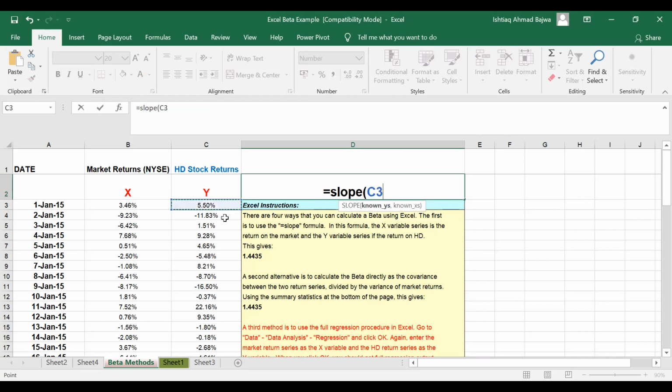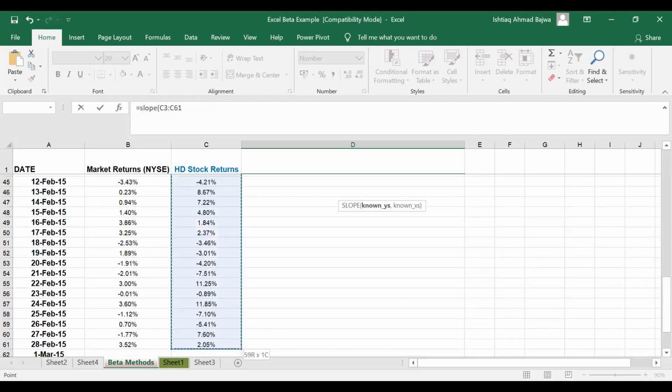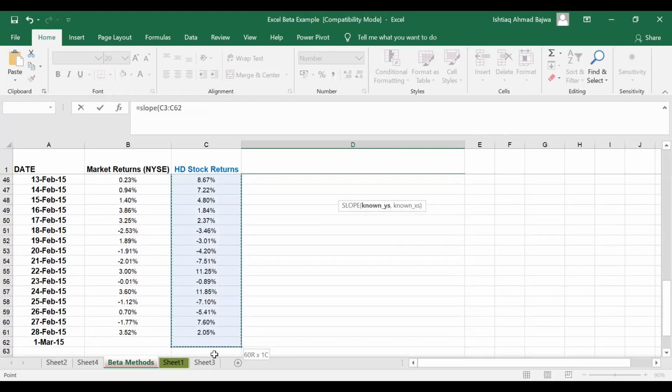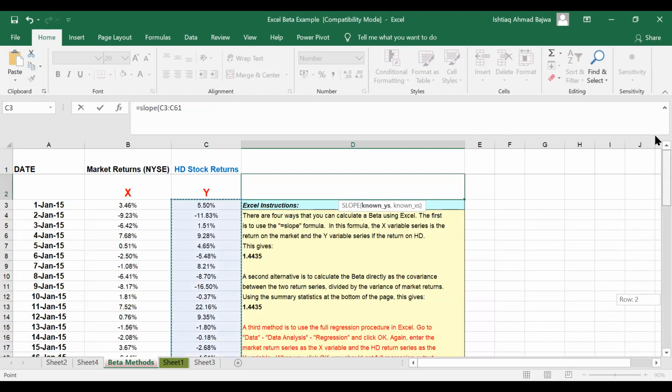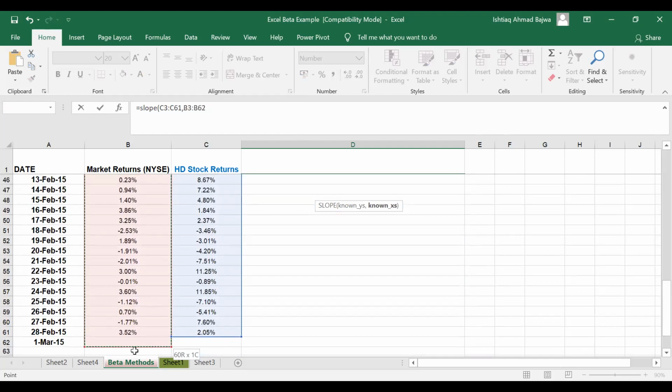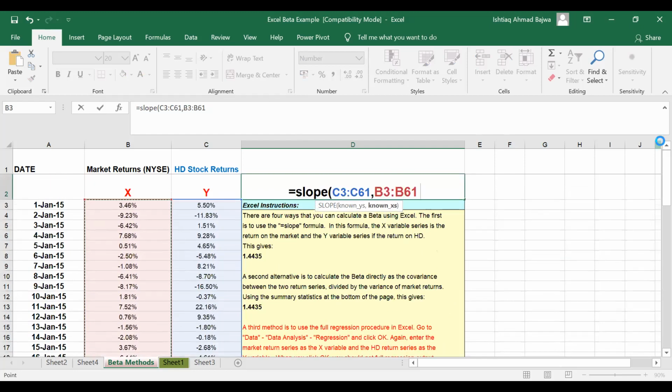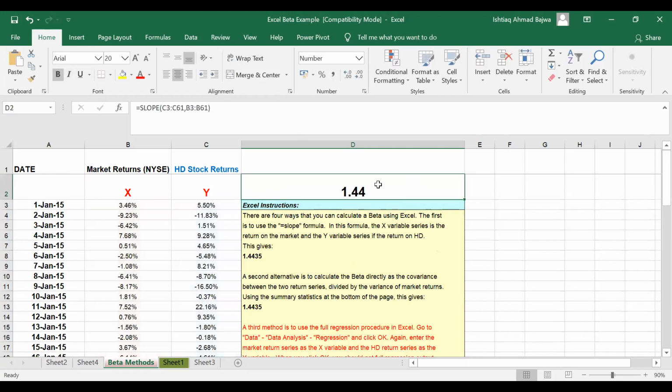First, I need to select my Y's, and in the formula, a comma, and then my known X's. So when I select my known Y's and known X's, I will enter. It will give me the beta of that particular stock.